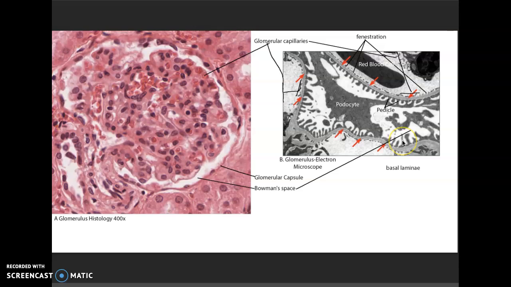And we have the basal lamina. Let's try this again. So that's the basal lamina. And like I said, black and white is fine for this. If you want to show off, you can try to colorize it.